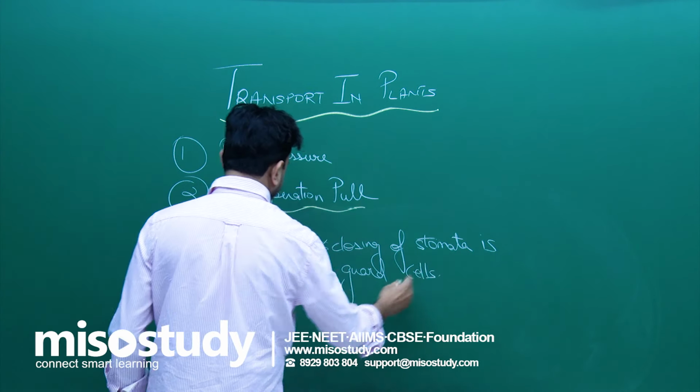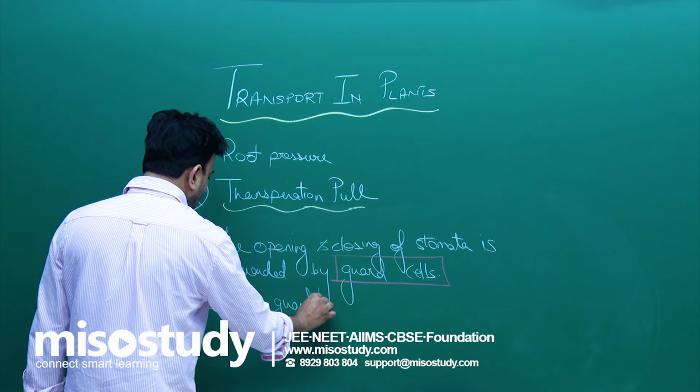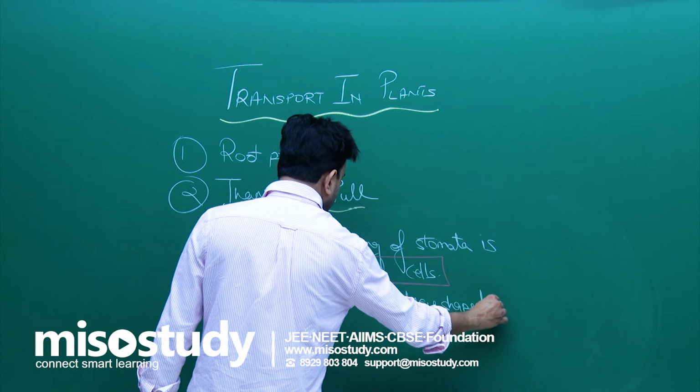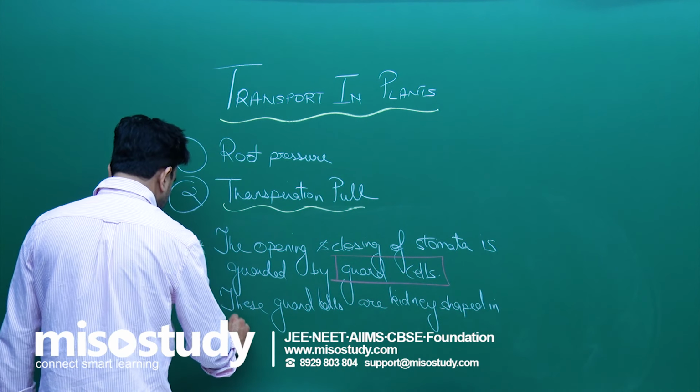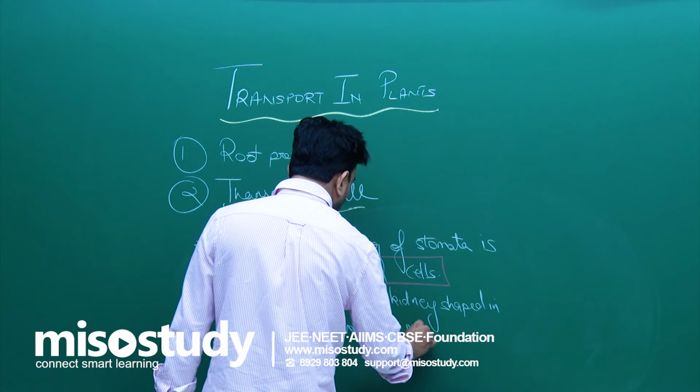The stomata are opening and this is guarded by the guard cells, and these guard cells are kidney shaped in dicots and dumbbell shaped in monocots.